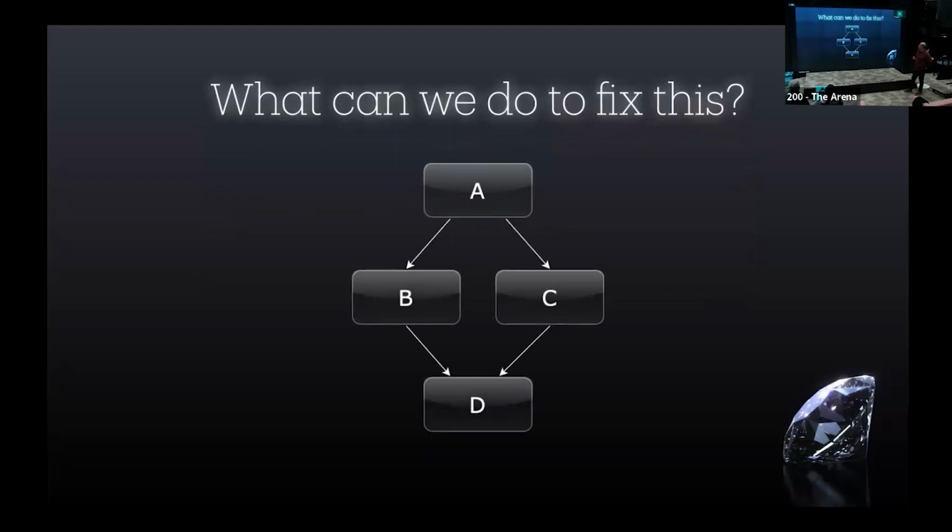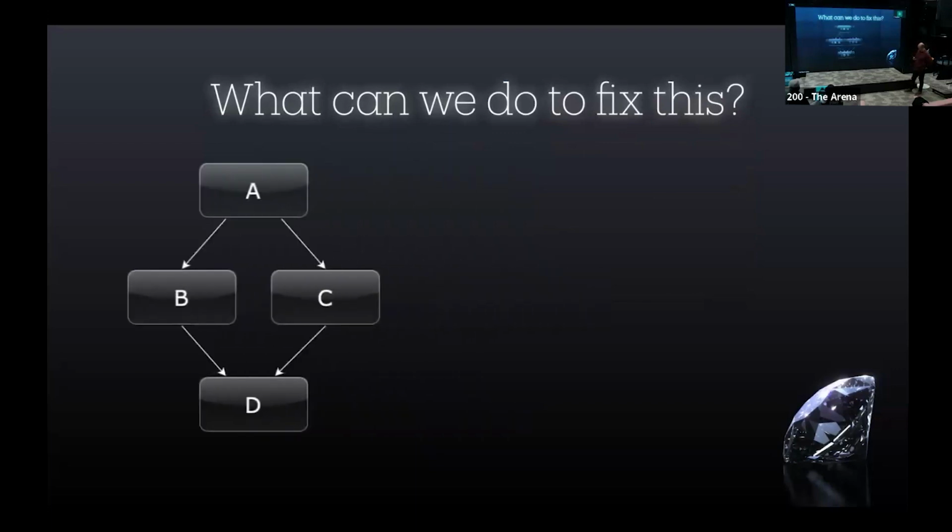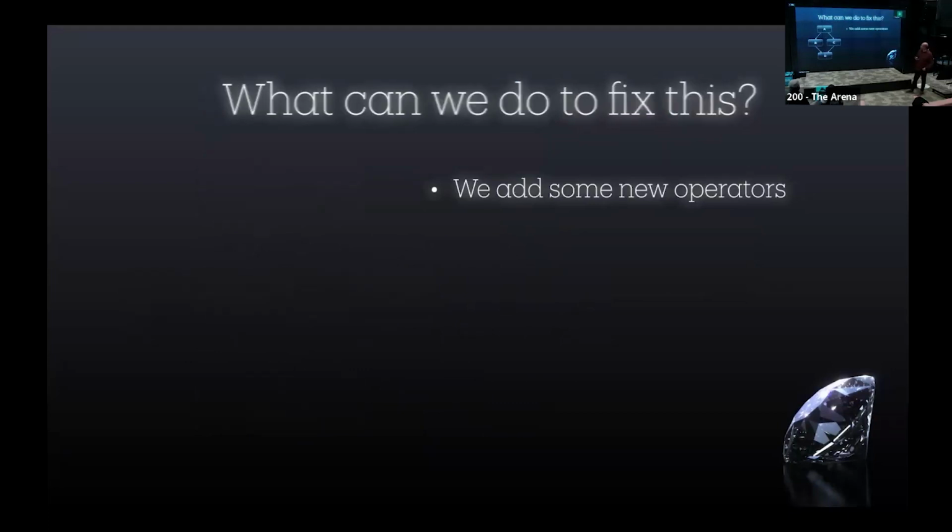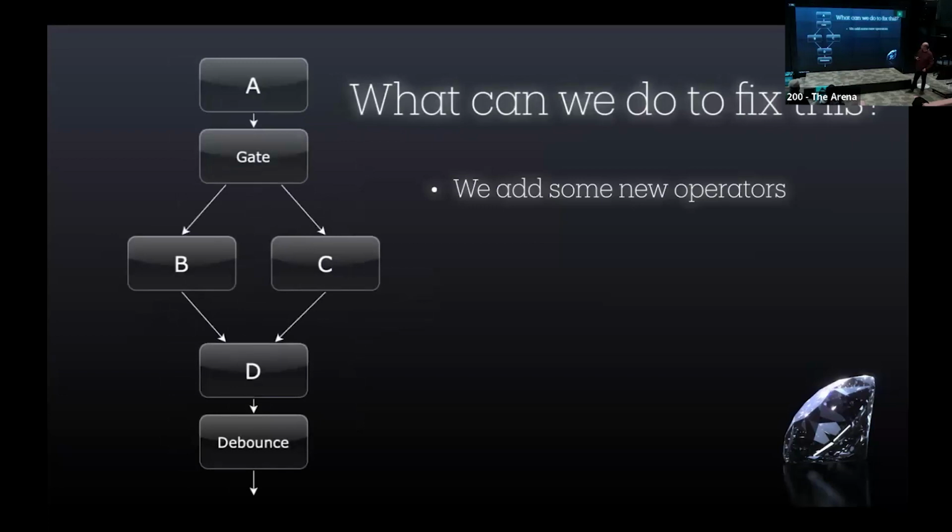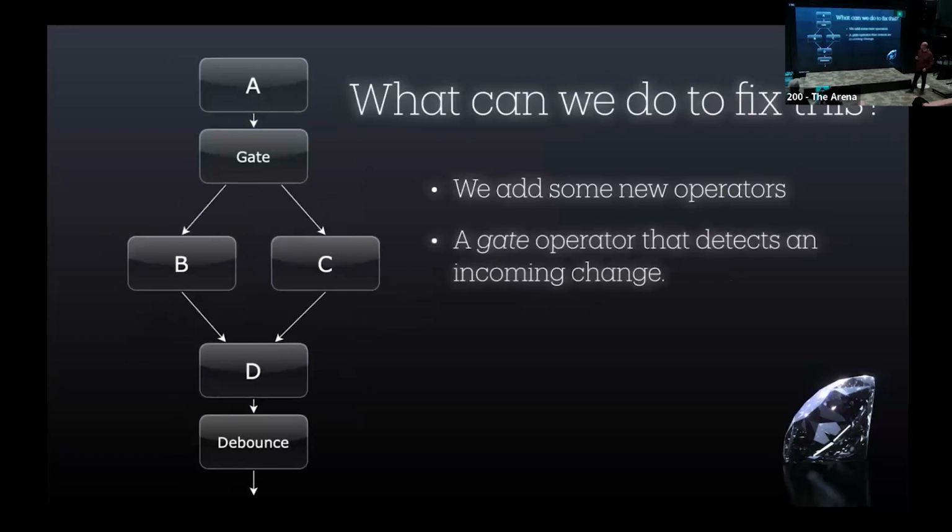So basically, we're looking at our graph again here. What we can do, and this is what we've tried as an experiment here at Wolt, is that we could add some new operators to our reactive graph. So we can build something that looks like this instead for the very simple example. We've added what I called a gate.